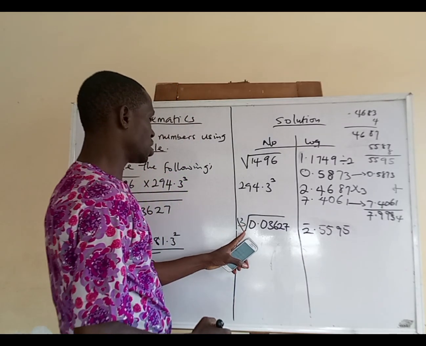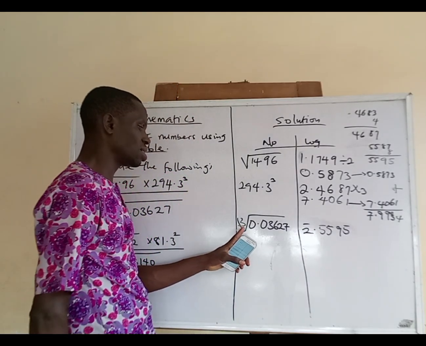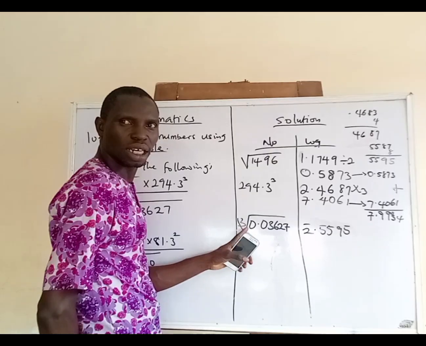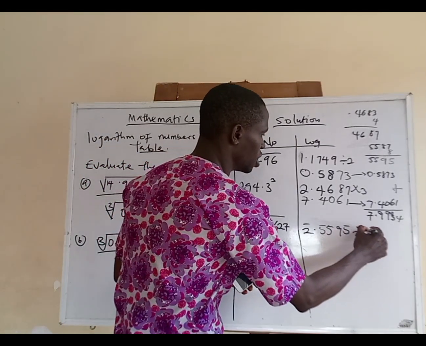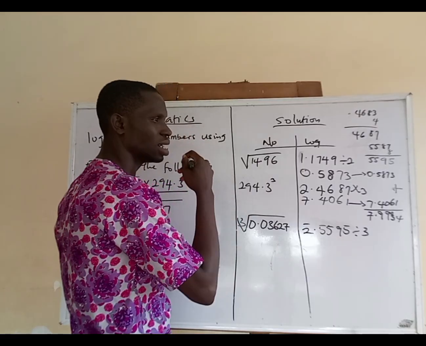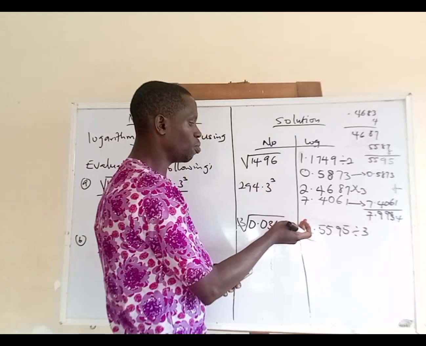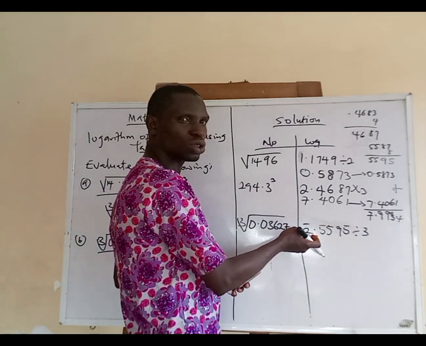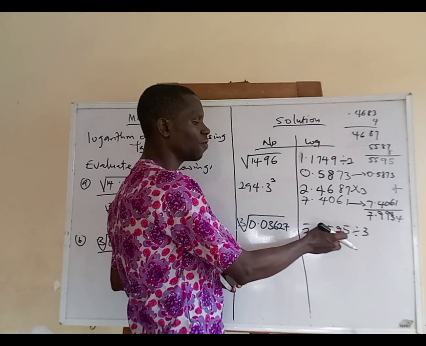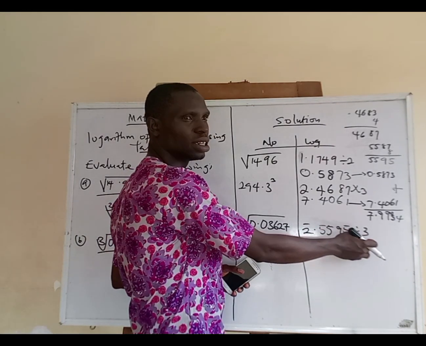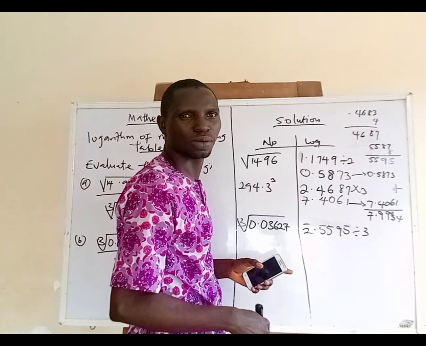Now when you see that this here has 3, so that's cube root. Here it has 3. So because it has 3, you are dividing by 3. And as I told you earlier, if you do it as minus 2.5595 divided by 3, that gives you minus 0 point.